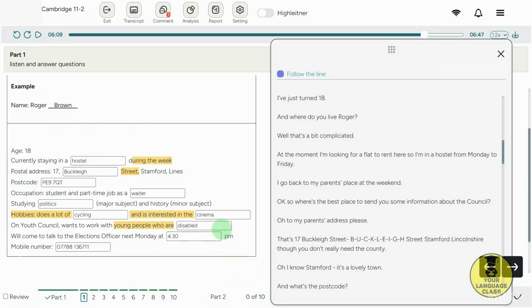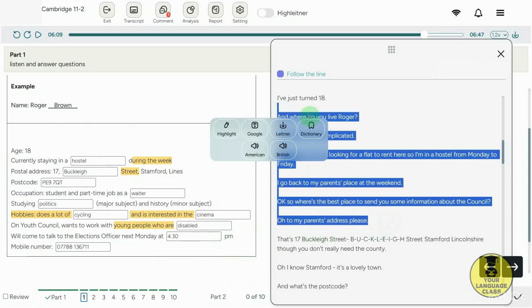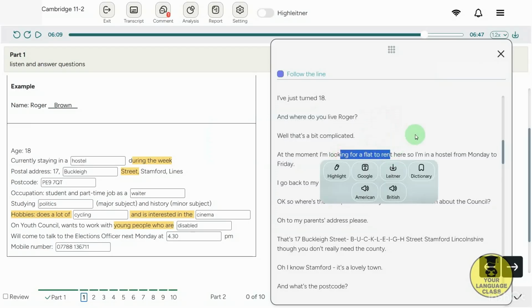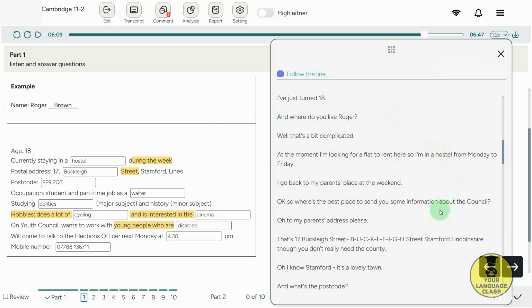For example, here we needed the name of a place to stay. Where do you live, Roger? And the thing is, several places were mentioned to distract you from the correct answer. First, he mentions the flat, but he says he's looking for a flat, not living in one.